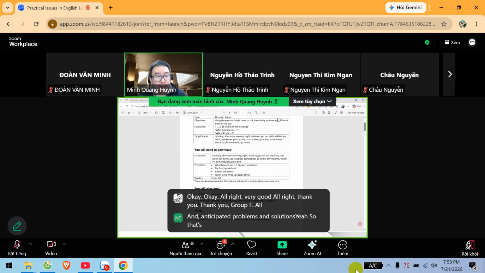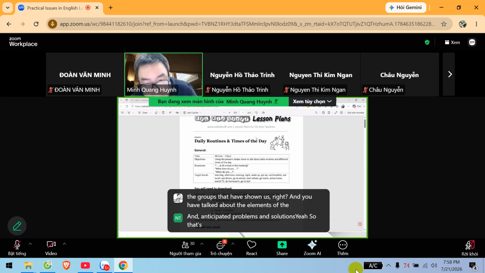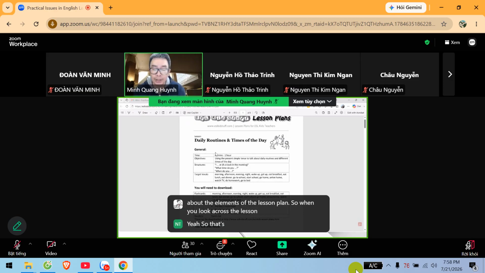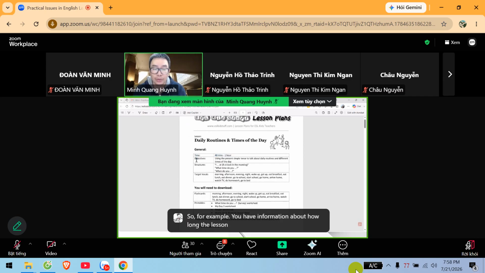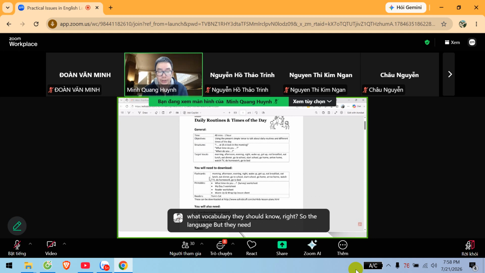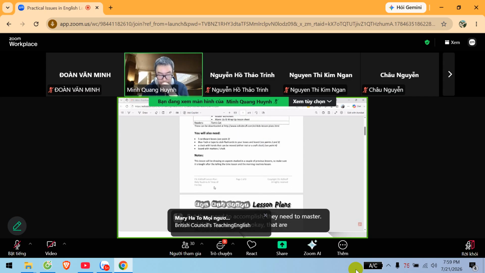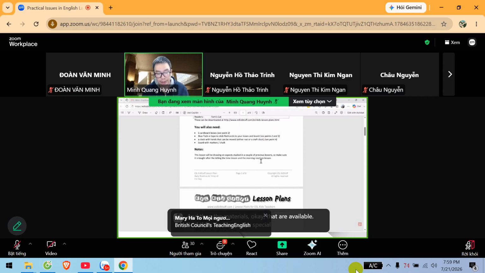So we have looked at some of the sample lesson plans from the groups that have shown us, right? And you have talked about the elements of the lesson plan. When you look across the lesson plans, you can see some elements are common. For example, you have information about how long the lesson will be, what the objectives are, what structures the students should know, what vocabulary they should know, the language they need to master, and then the materials that are available, and the special notes about the lesson and so on.